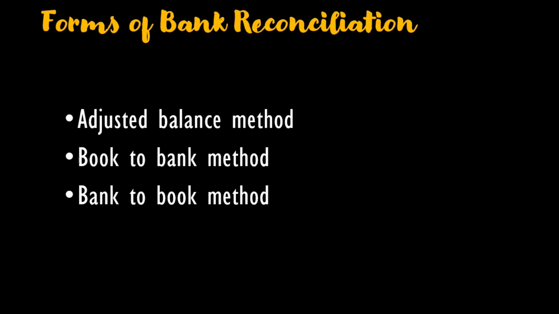No? So, meaning, yung output or yung ending balance na makukuha natin sa book-to-bank method is yung unadjusted balance ng bank. So, from unadjusted na book to unadjusted na bank balance.